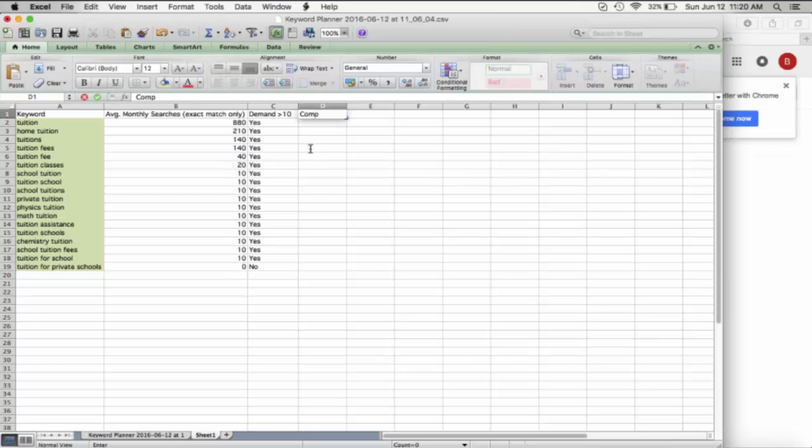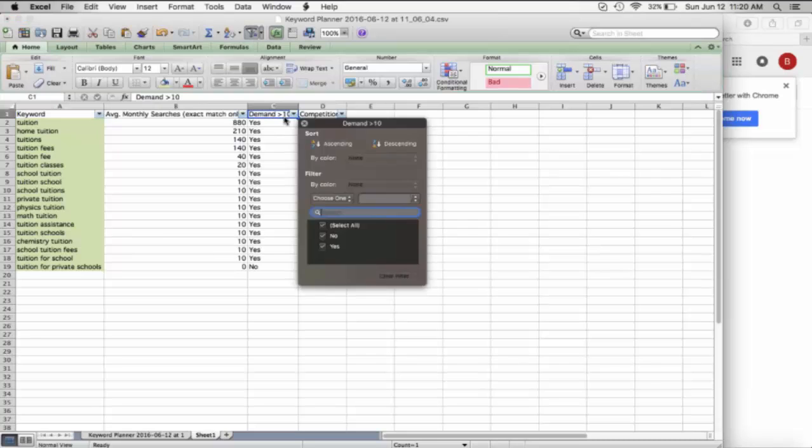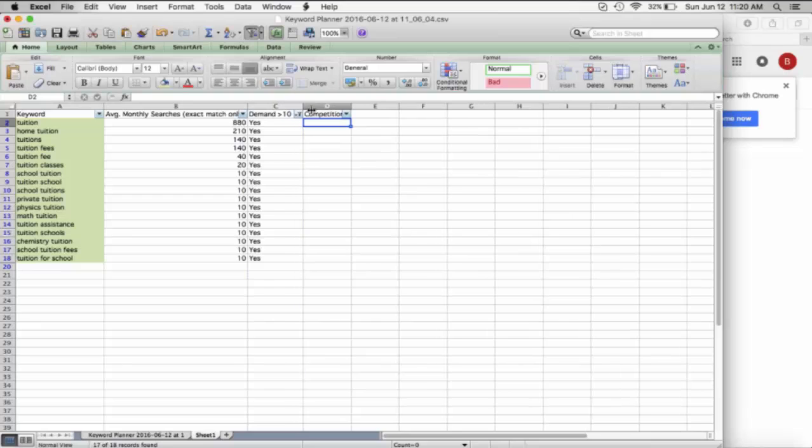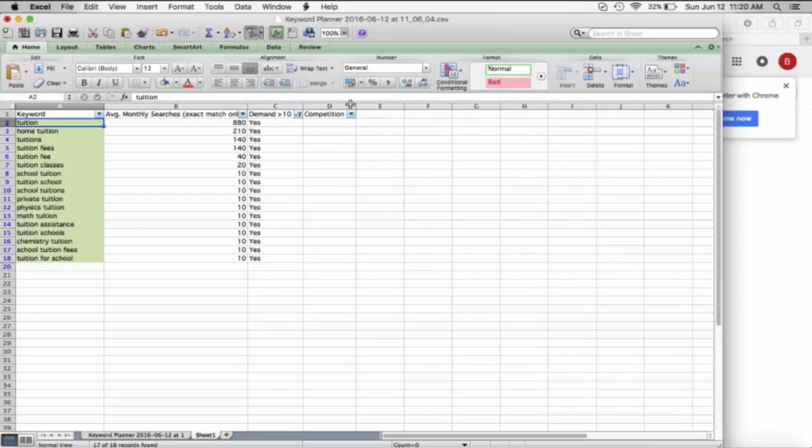It would be competition. So let me understand the competition of these keywords. I'll apply my first filter and pick all those keywords which are fair enough to be considered. So tuition.